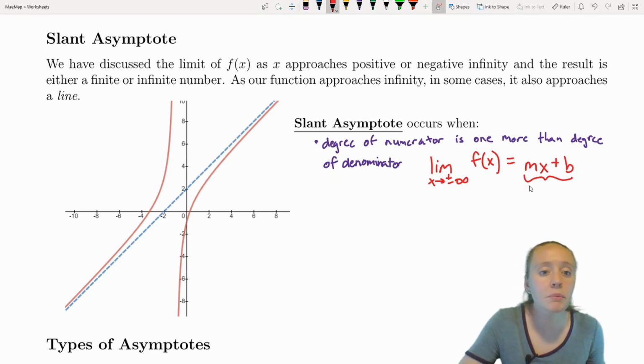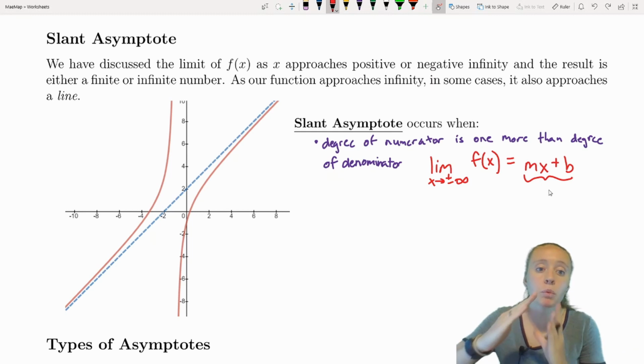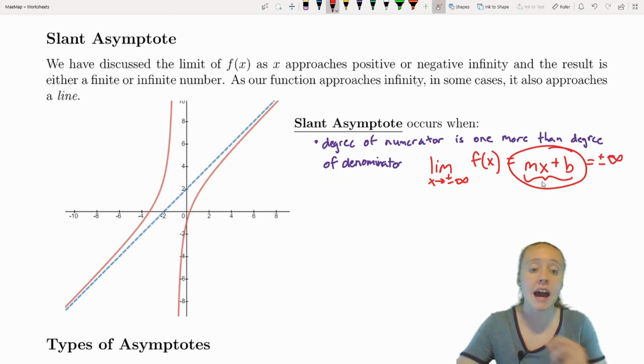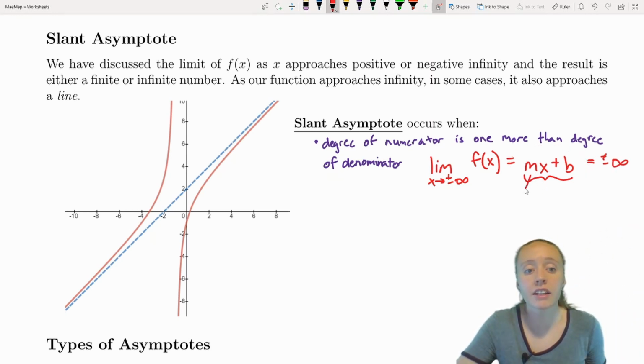And obviously, when we take the limit of this as x goes towards infinity, that's also going to go towards either a positive or negative infinity, but we're hugging that line. So for the slant asymptote, the overall limit is still going to be a positive or a negative infinity. It's just that we now are tracking along some line. And that slope, like I stated before, is not equal to 0, because that would just be a horizontal asymptote.